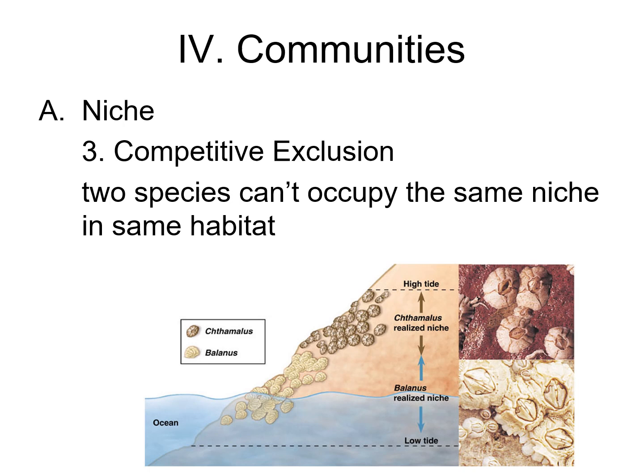But when you put the two together, there are small differences in their niches, so that the Chthamalus barnacle is a little better at utilizing high tide zones, and the Balanus is a little better at utilizing low tide zones, so they exclude each other, right? They outcompete each other where they have an advantage, and you can't have two species occupying exactly the same niche in the same habitat.